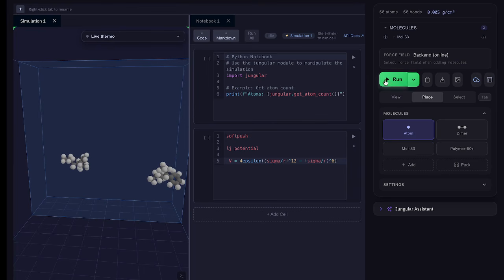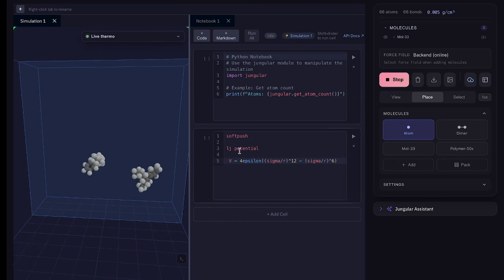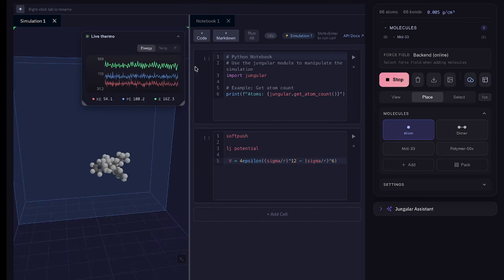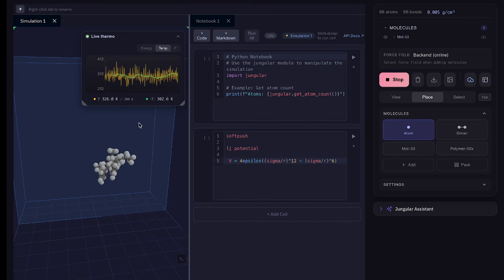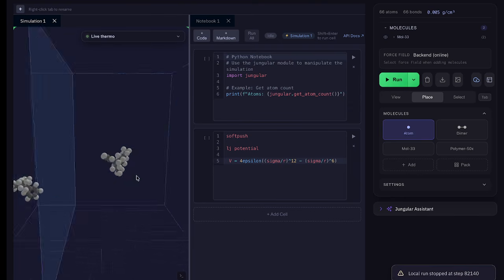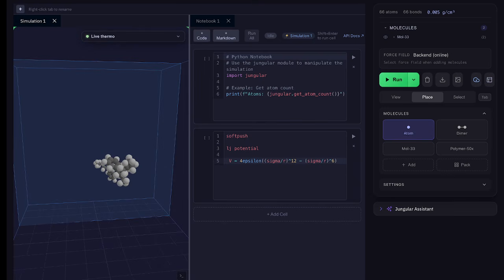If we run dynamics, you can see that they attract each other. If we look at the energy of the system, it looks normal. The total energy is not some crazy number, and the temperature is around 300 K, which is what we set for our NVT simulation. So it works great. This third method really worked.